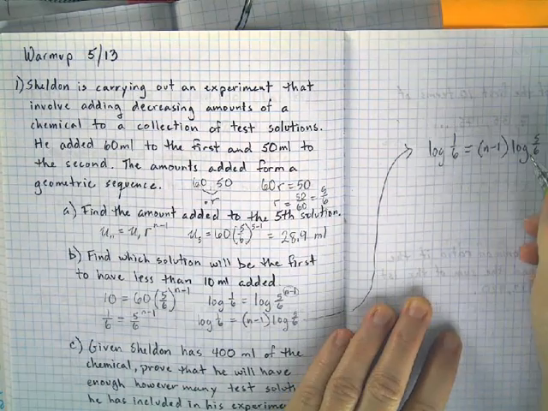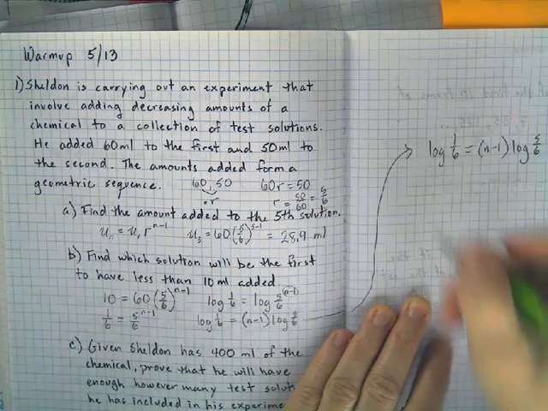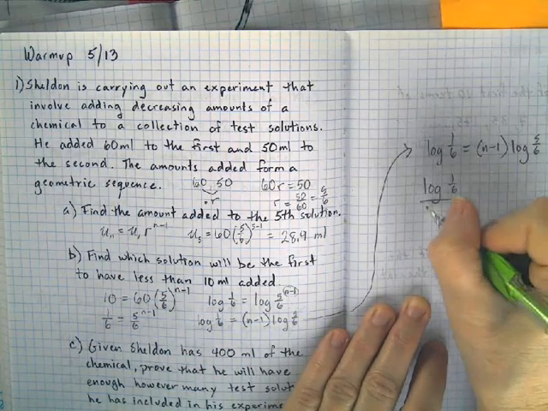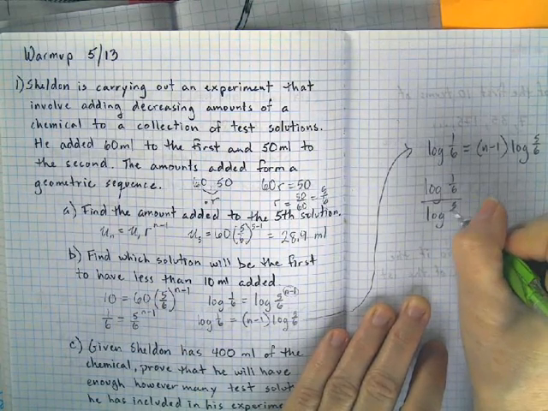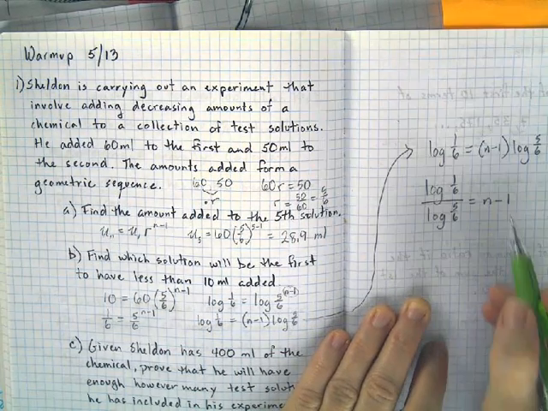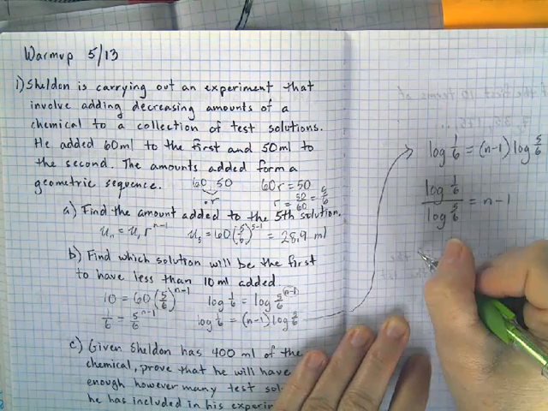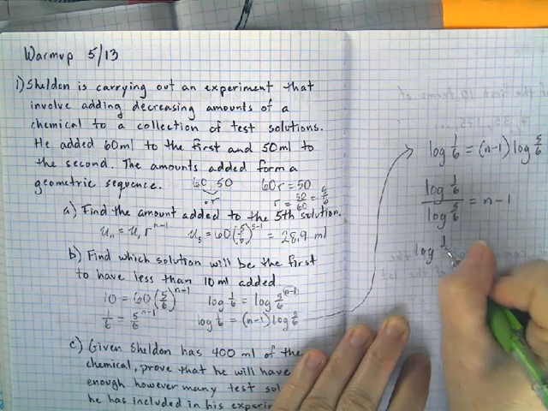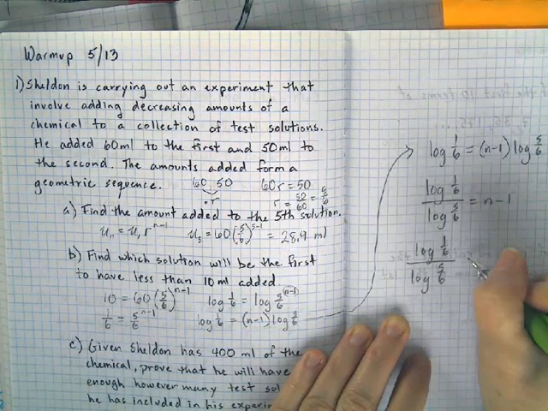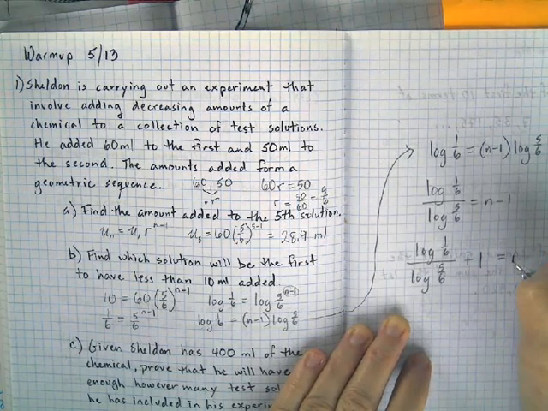So I'm going to divide both sides by log of 5/6. So I get log of 1/6 over log of 5/6 is equal to n minus 1. And then to get n by itself, I need to add 1. So log of 1/6 divided by log of 5/6, plus 1, is going to give me my n.